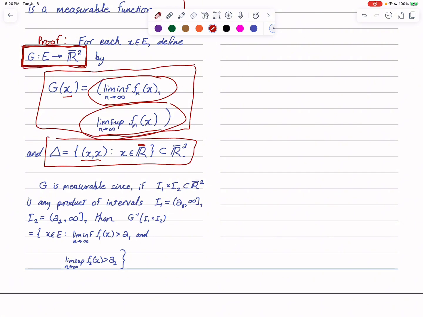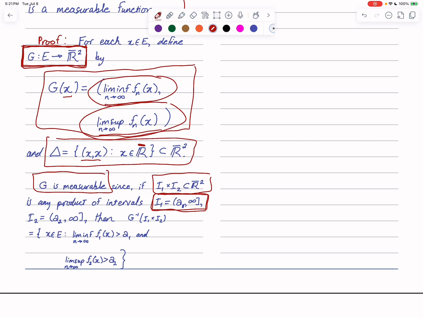Now, the first thing that we're going to claim is that g is measurable. So let's see why that is. We're going to pick a set that generates the Borel sigma field on the extended real numbers squared. So what is the generator? Well, we're going to, somewhat arbitrarily, but not entirely arbitrarily, pick the collection of all intervals that go from some finite real number out to infinity.